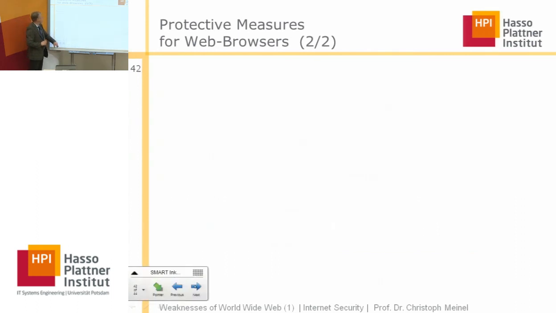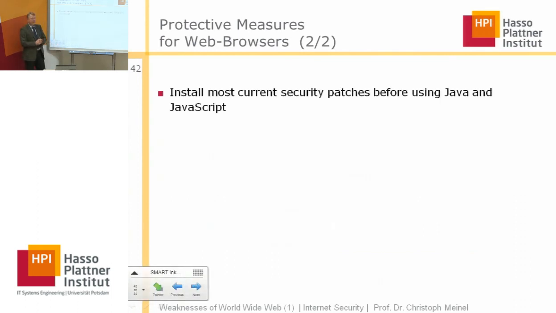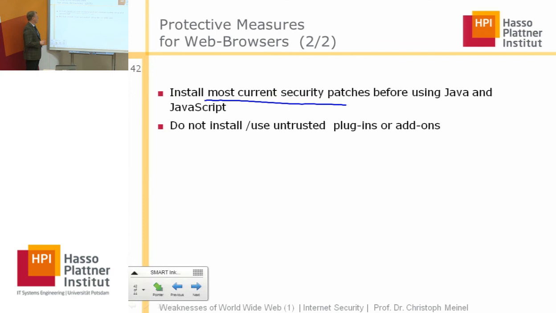There are different possibilities. Then a general hint is to install the most current security patches before Java or JavaScript programs are used. Do not be lazy, it's easy, and meanwhile it's also convenient to update systems and to install patches.